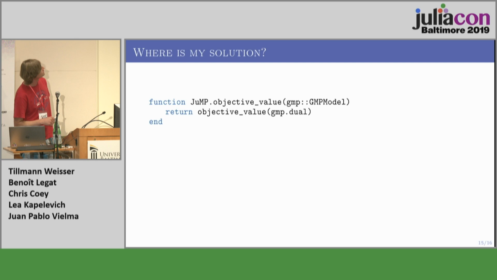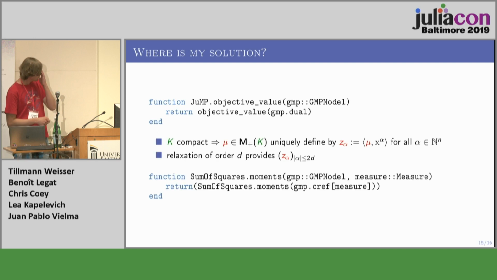So this is what I just said. So where is my solution? To define the objective value function for my JuMP model, I just look up the objective value of the dual. And for my measures, what do I get for my measures? It's a bit more complicated.